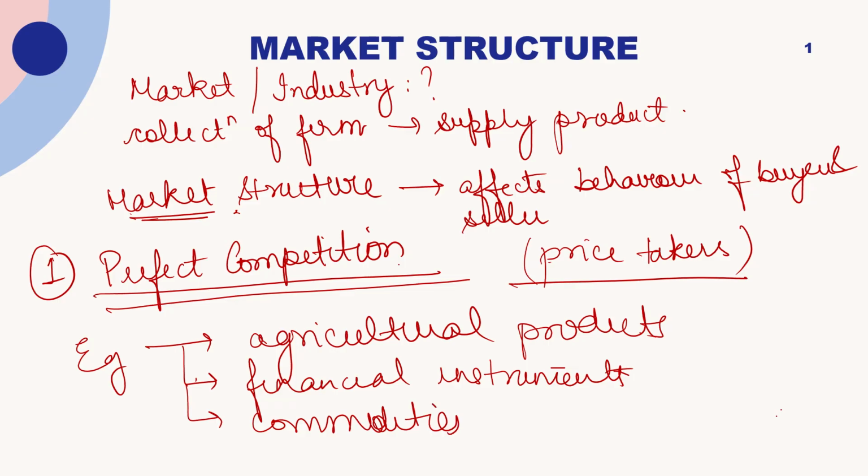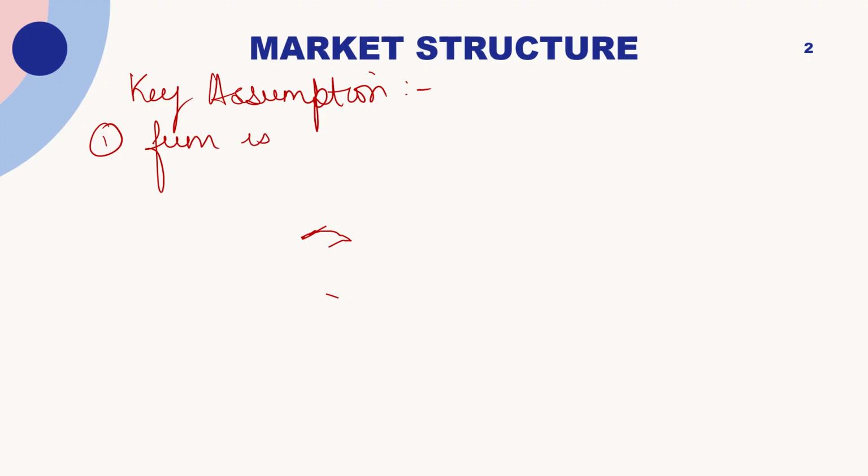So now the key assumptions that we take in perfect competition. Let's see on the next slide. Key assumptions in perfect competition. Right now we are only talking about perfect competition. So first is that the firm is a price taker. And second, the firm makes a distinction between short run and long run.